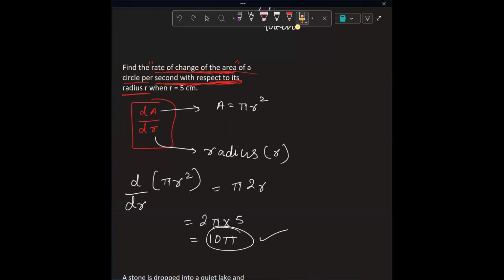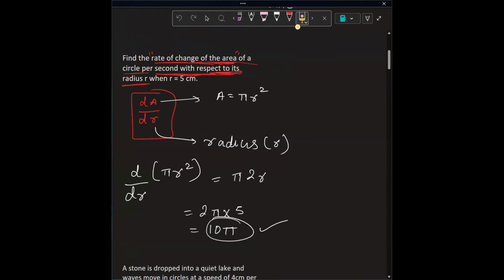So simply I will put pi r square and differentiate with respect to dr, because it is said that with respect to its radius, and it is also given that the radius is 5 centimeter. So you have to differentiate pi r square with respect to dr at the particular instant when r is 5 centimeter. Just differentiate and put r equals 5 centimeter, and you will get your answer. So this is the rate of change of area of a circle per second with respect to its radius.